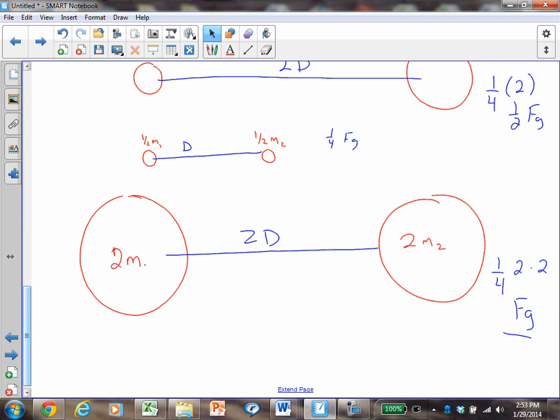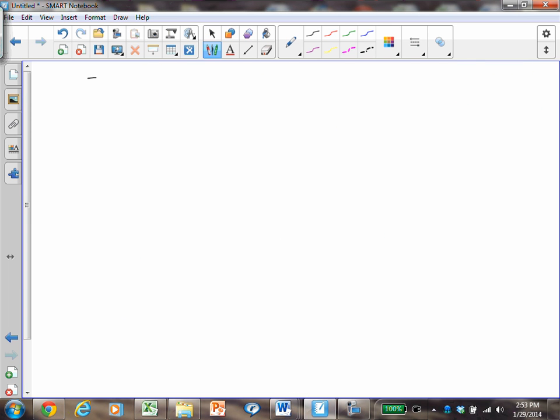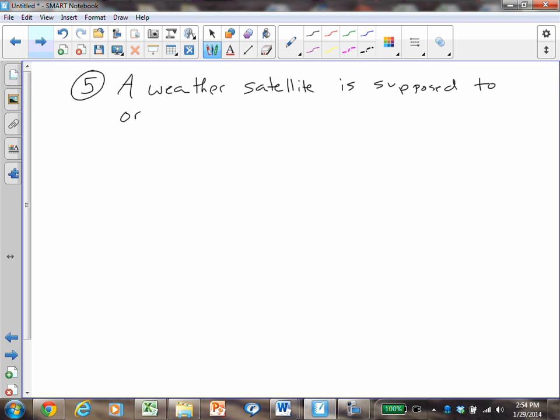Here's another gravity problem, okay? All right. A weather satellite is supposed to orbit the Earth 4 times a day.